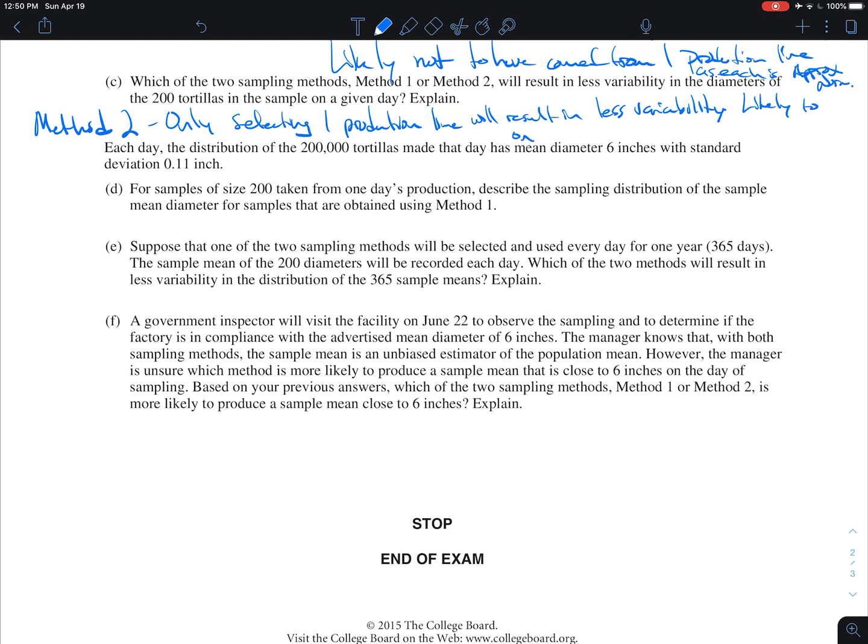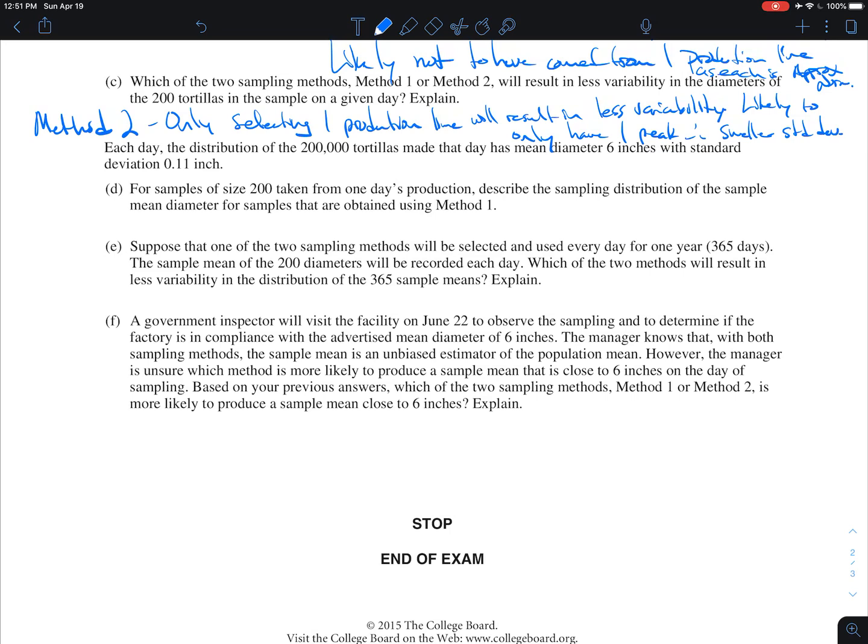Likely to only have one peak. Therefore, smaller standard deviation or overall spread.